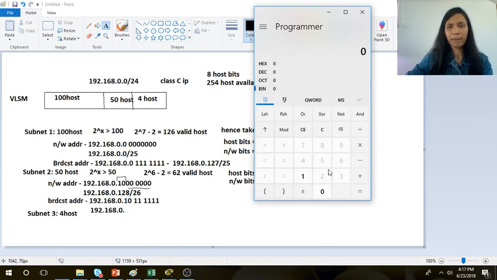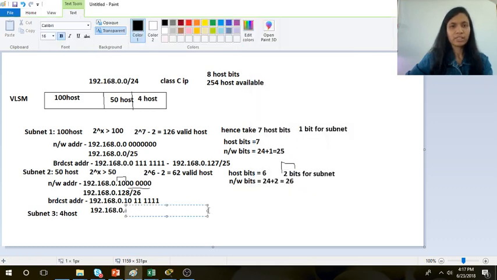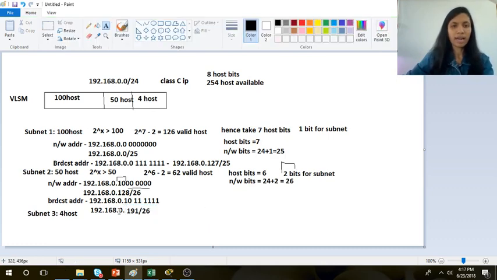You have the binary 1 0, 1 1 and 4 ones. This you are going to convert to decimal, which is 191. So this is your 192.168.0.191/26. This would be your broadcast address of subnet 2.